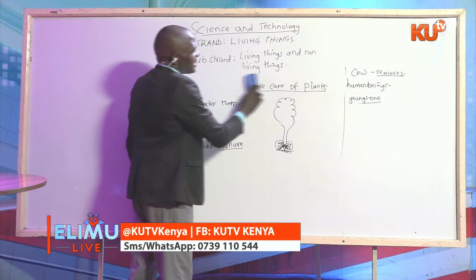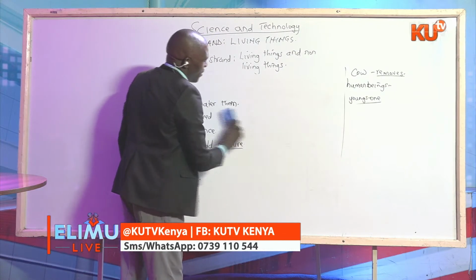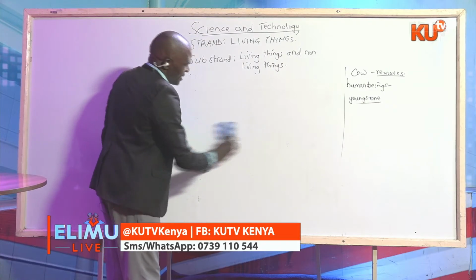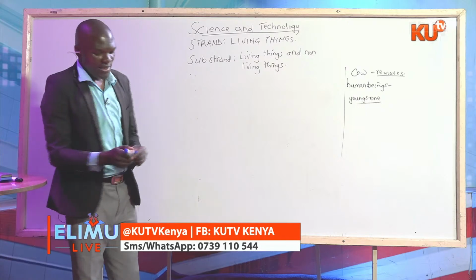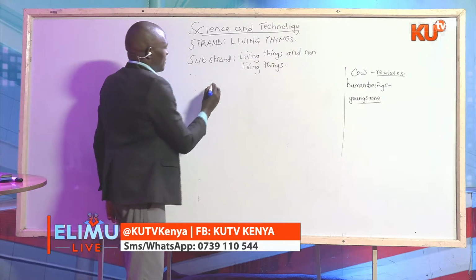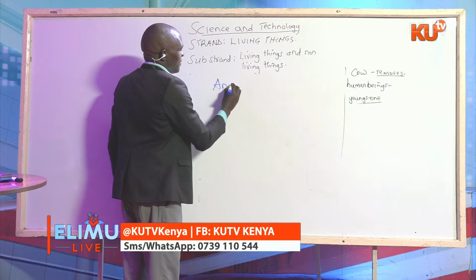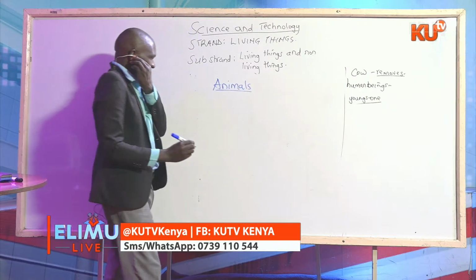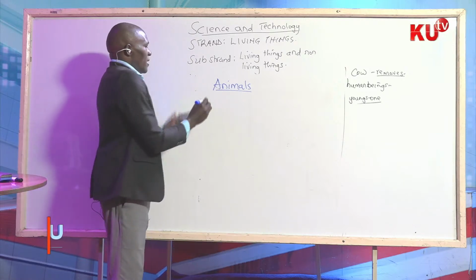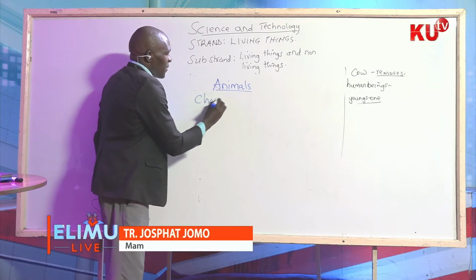And that is how we can take care of plants. Let us now look at animals as living things. In animals, we look at the characteristics.